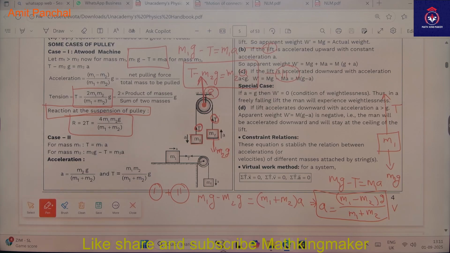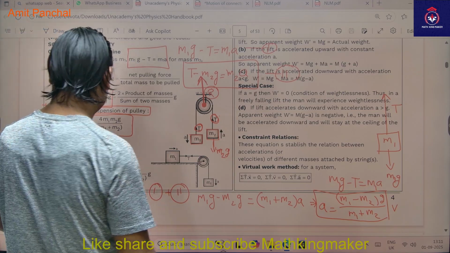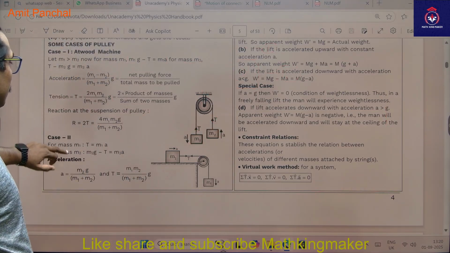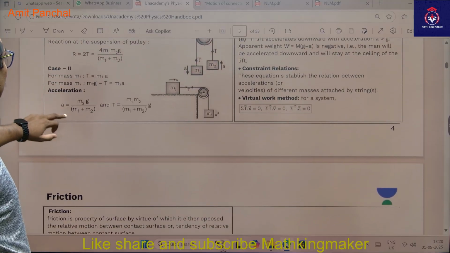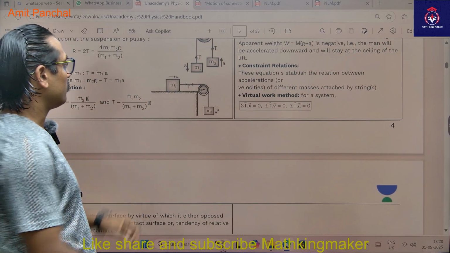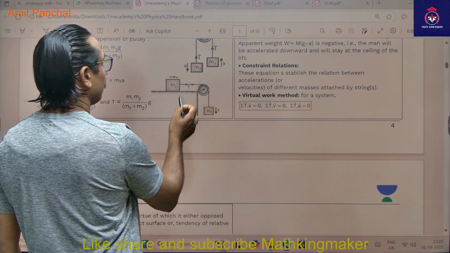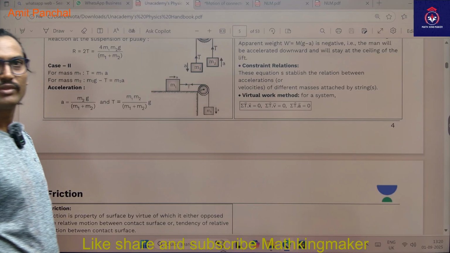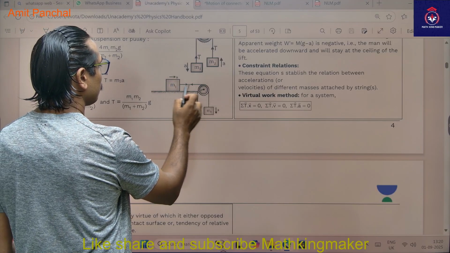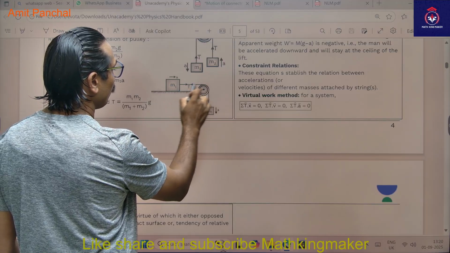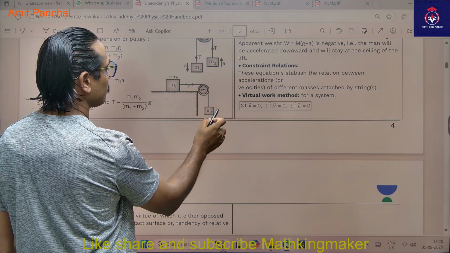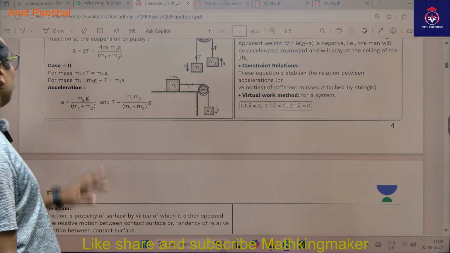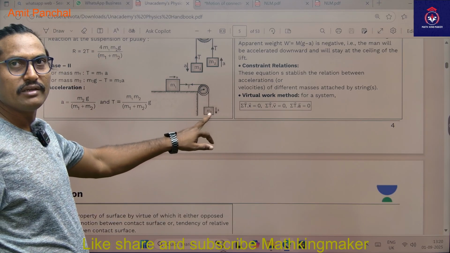Now we'll have another scenario. So case 2 is this: this is your pulley, and this pulley is fixed upon the table. This mass m1 is moving as your mass m2 is hanging there.